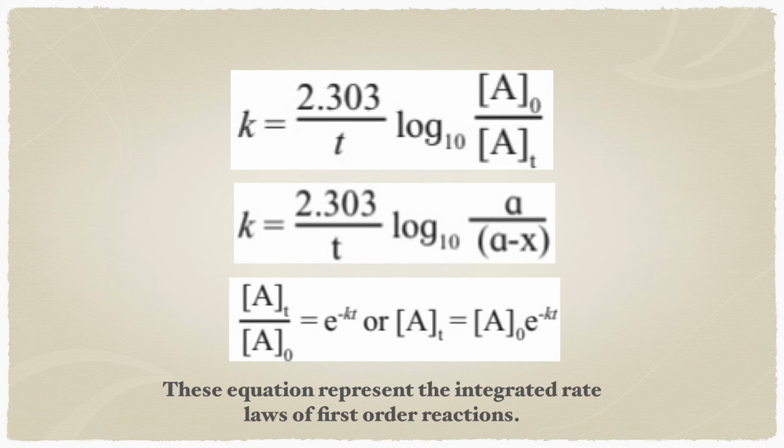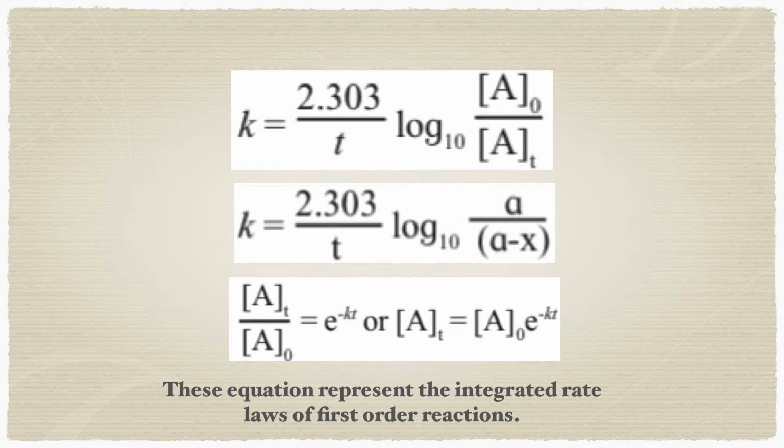And the last one: [A]ₜ upon [A]₀ is equal to e raised to minus kt, or after rearranging we can write it as [A]ₜ = [A]₀ × e^(−kt).